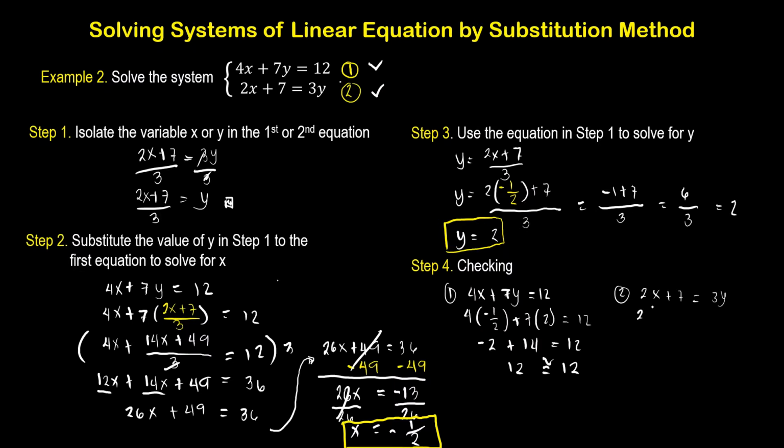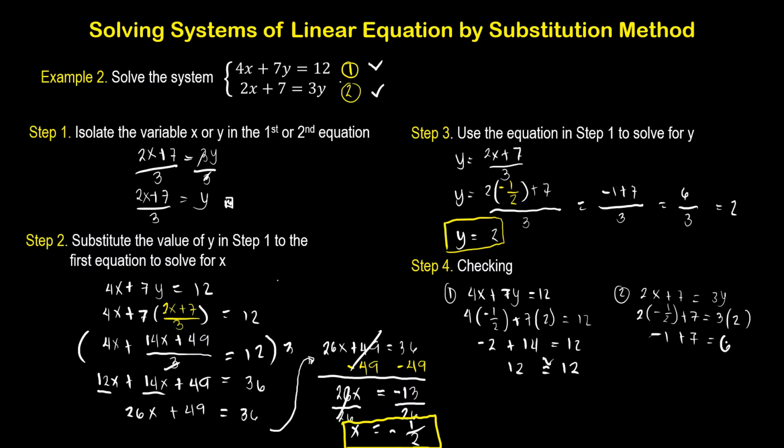So we have 2 times the value of x, which is negative 1/2, plus 7 is equal to 3 times the value of y, which is 2. Then let's simplify both sides. So we have 2 times negative 1/2, which is just equal to negative 1, plus 7, is equal to 3 times 2, which is 6.